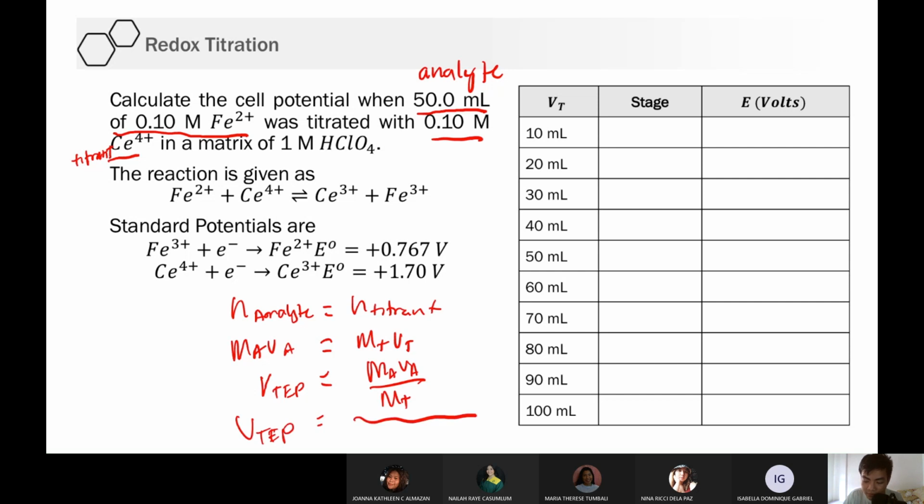So MAVA, 50 times 0.1, divided by the molarity of titrant, 0.1. So the VTEP is 50 ml. Ito yung equivalence point. So ibig sabihin, ito lahat ay pre, ito ay post.